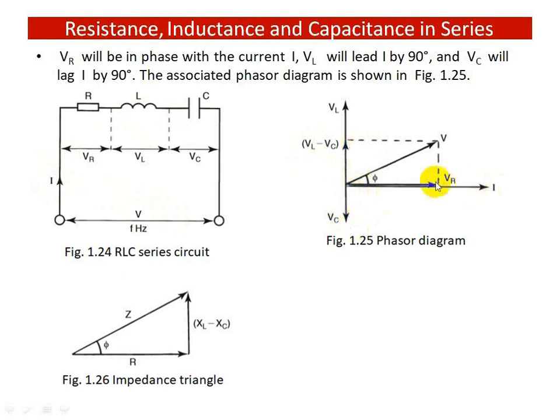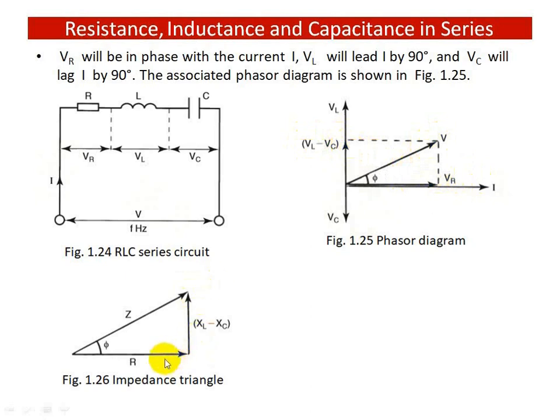Now VR is the voltage across the resistance. So this is the vector addition of VR plus the voltage difference between VL and VC. These two vectors added give you the supply voltage, and the phase angle is nothing but the angle between supply voltage and current.